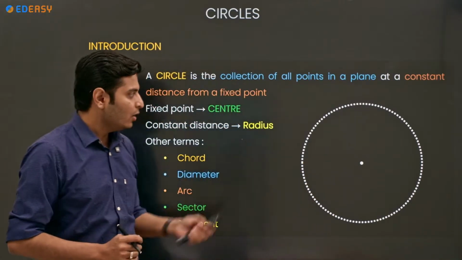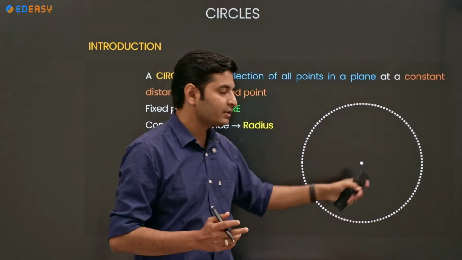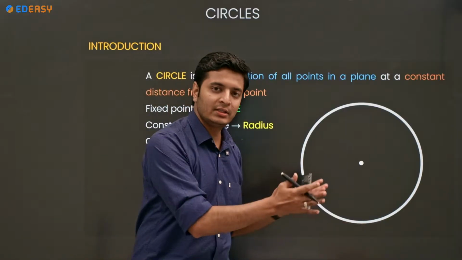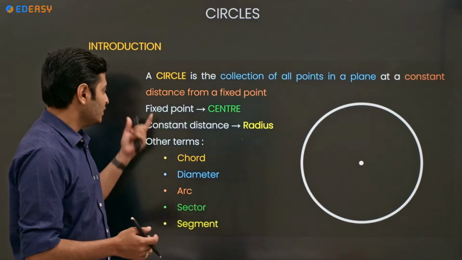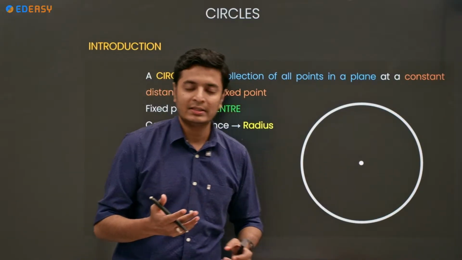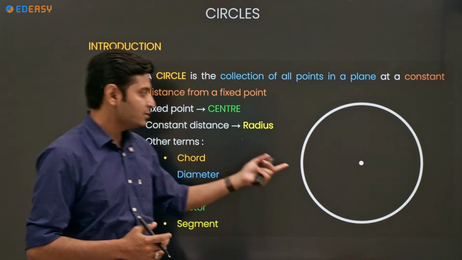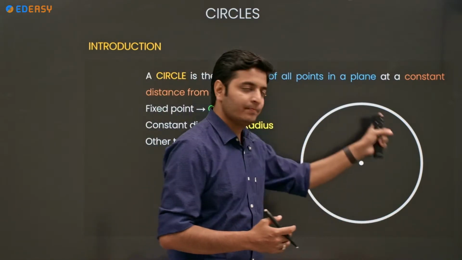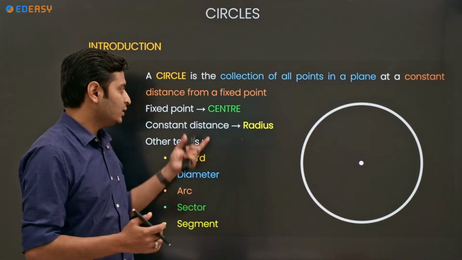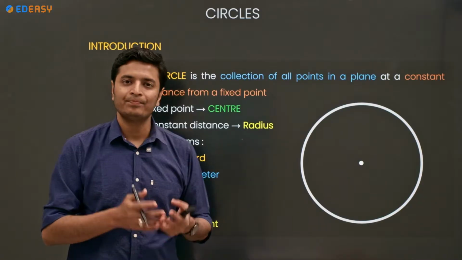If I increase the number of points which are at a fixed distance from this fixed point, then it will look something like this. Now you can see a complete circle, no? This fixed point is known as the center of the circle. And the constant or fixed distance of these points from the fixed point is known as the radius. These two terms you are going to use very heavily when you talk about circles.